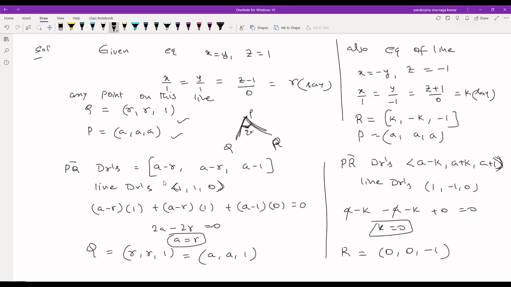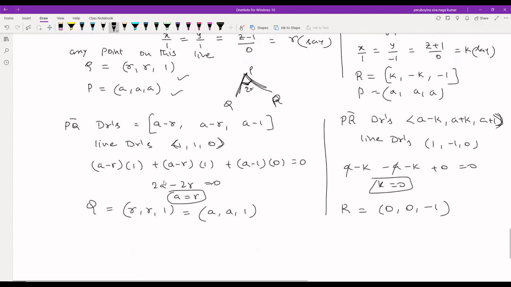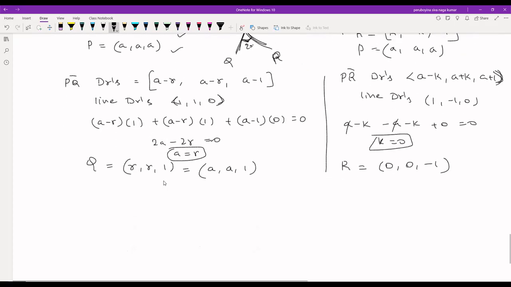Now PQ bar and PR bar are perpendicular. We already saw it was given in the question: PQ bar is perpendicular to PR bar. So again we can combine the PQ bar DRs and PR bar DRs together to get the condition.